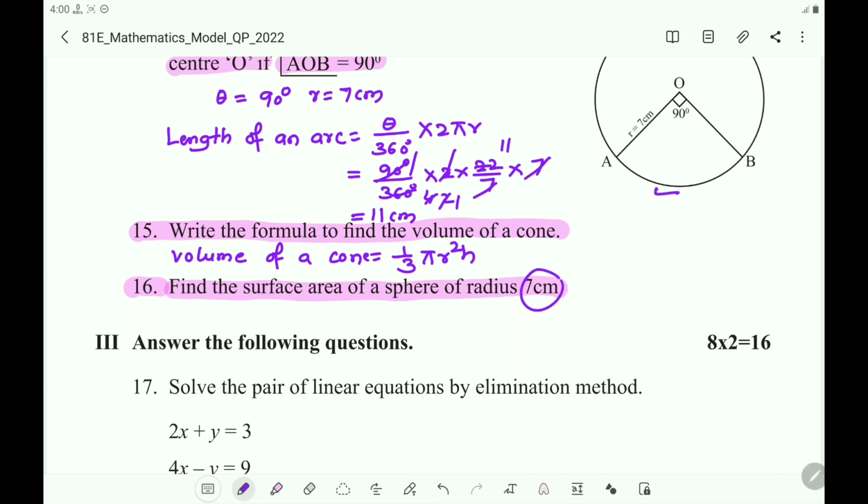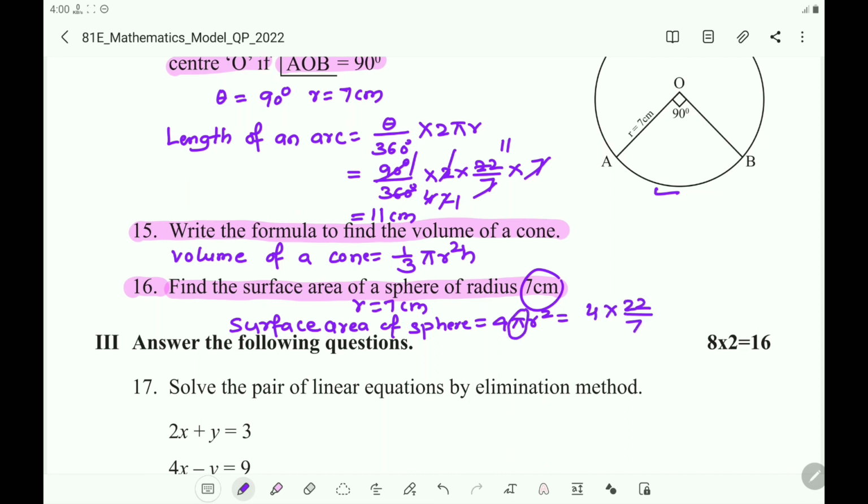Here r is given, r equals 7 centimeter. Then you write surface area of sphere equals 4 pi r square, which is equal to 4 into 22 by 7.